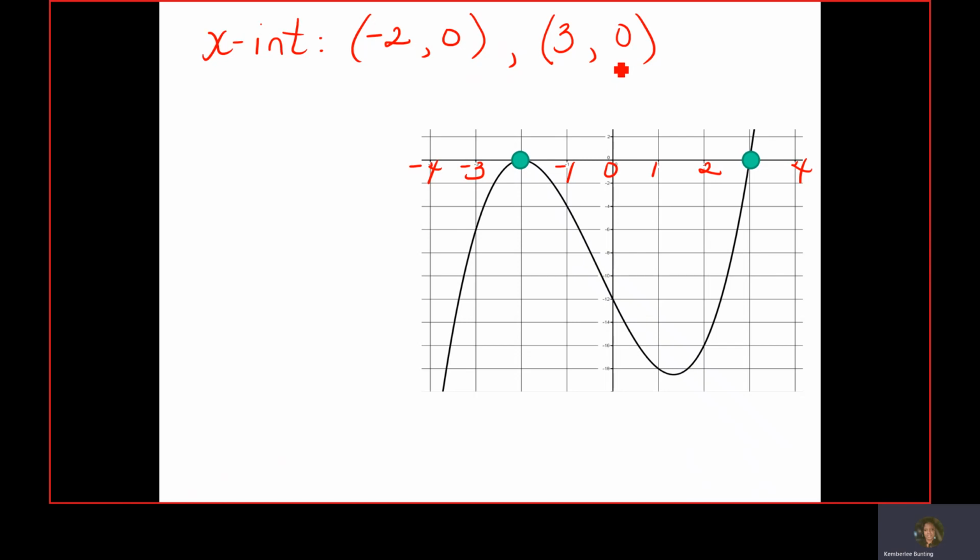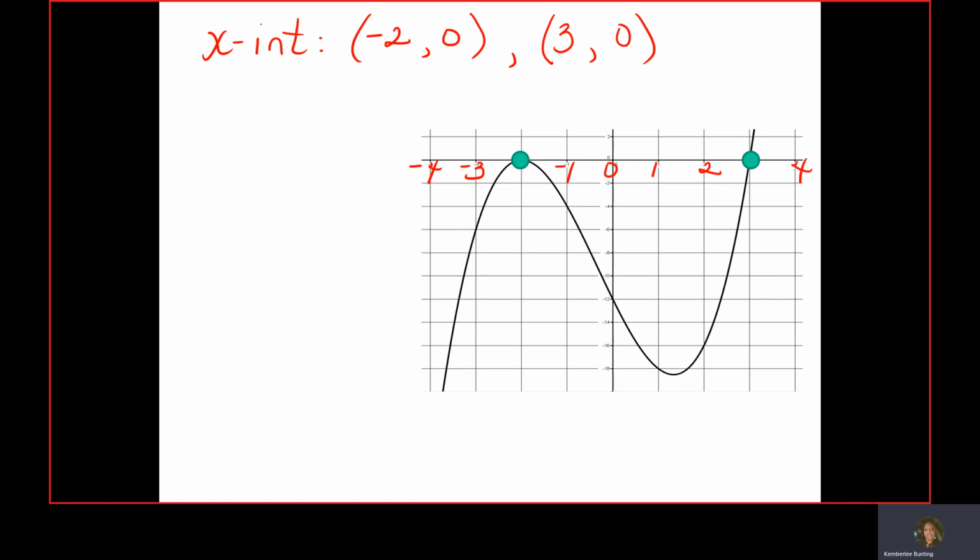Does that make sense? So naturally, the zeros, Alexis, will be located where? What will be the zeros? -2 and what? I'm naming zeros.